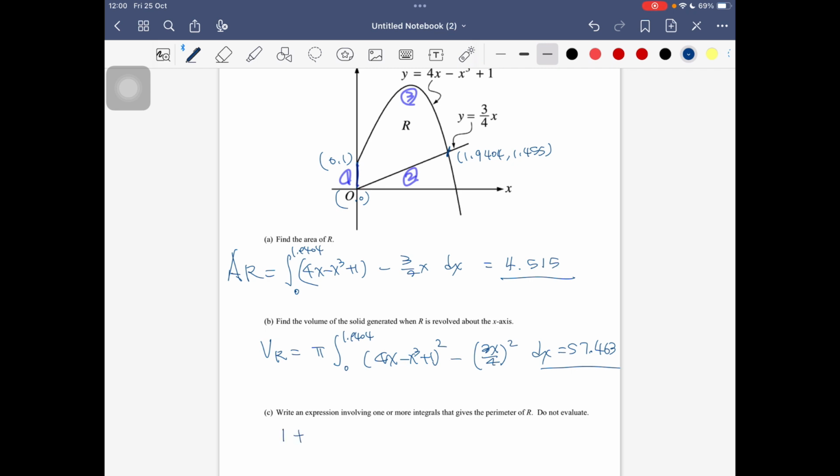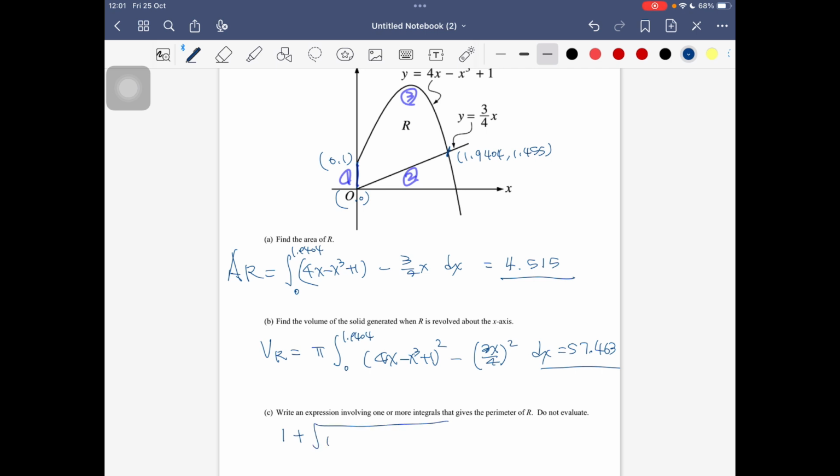Plus number 2, we can find the arc length from here too, but since it is a straight line and we already know the coordinates, we can find the distance between 2 points from the Pythagorean theorem.